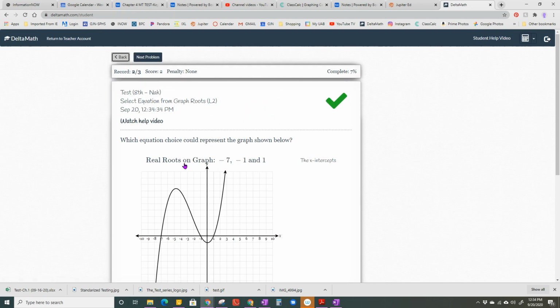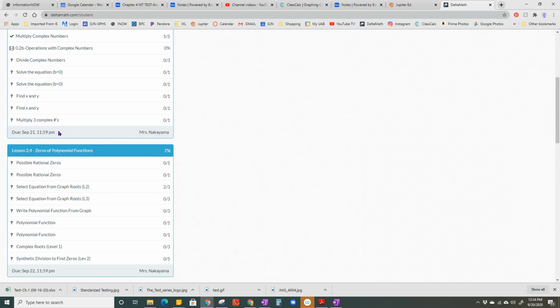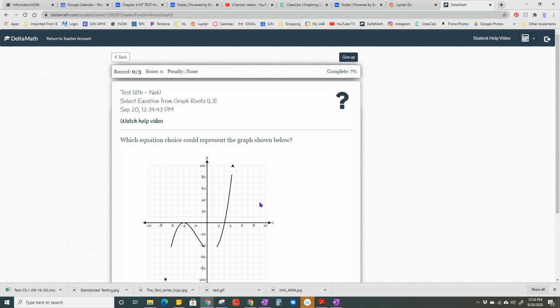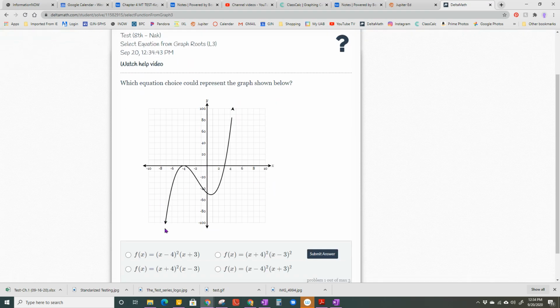Now, on level 3, you have to remember what the multiplicity does. It changes whether you have an odd or an even multiplicity. So first off, I'm going to look at this and say that's 3, which gives me the factor of x minus 3, which means it's one of these two here. And then I look here, and that's x plus 4.